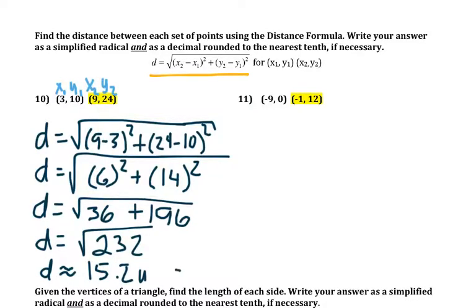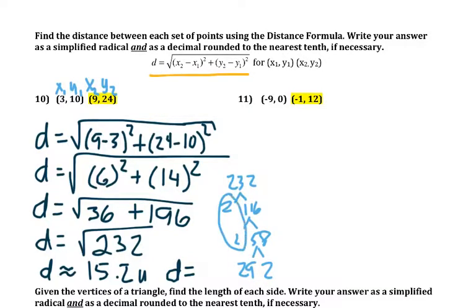Now we want the exact distance, so we've got to take 232 and do the prime factorization. So I'll put that in blue. 232, prime factorization, we got 2 and 116, and 116 would be 2 and 58, and 58 factors to 29 and 2, and 29 is prime, so is 2, so we're going to get a 2 out of our square root and leave the 58, or 29 times 2, which is 58.